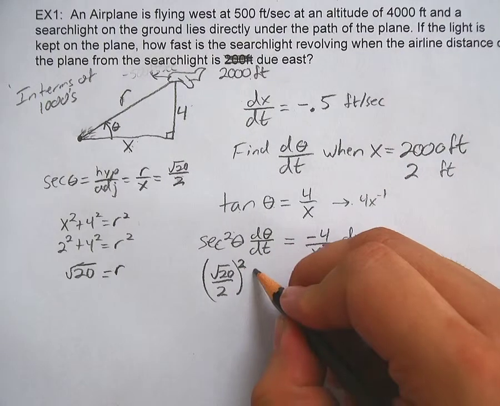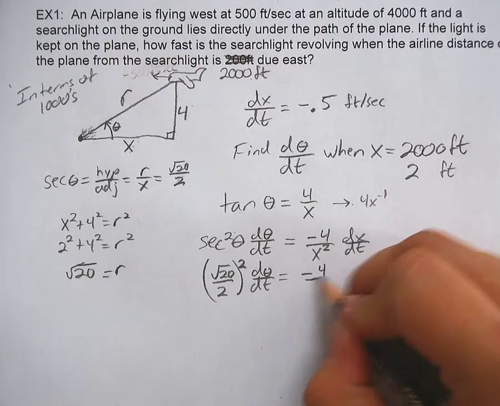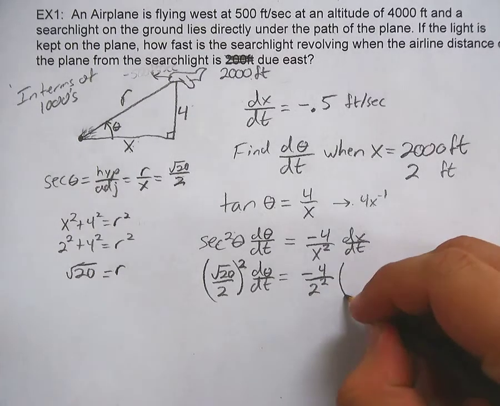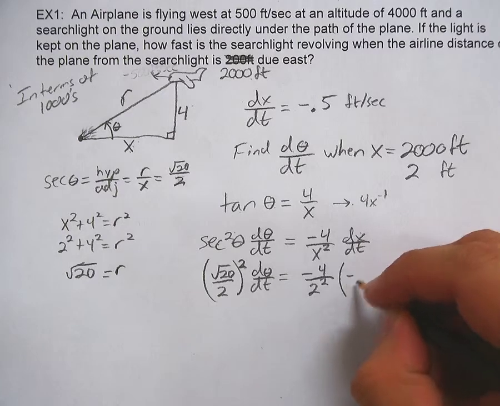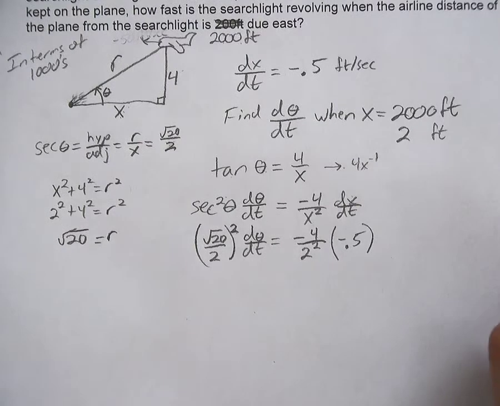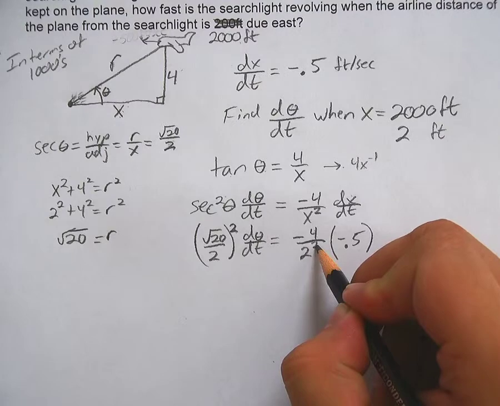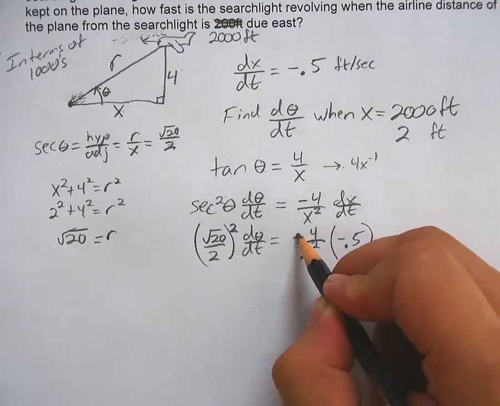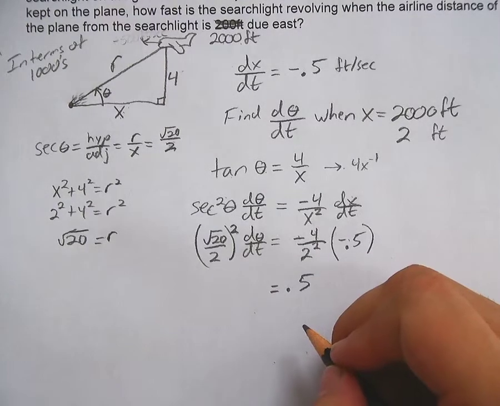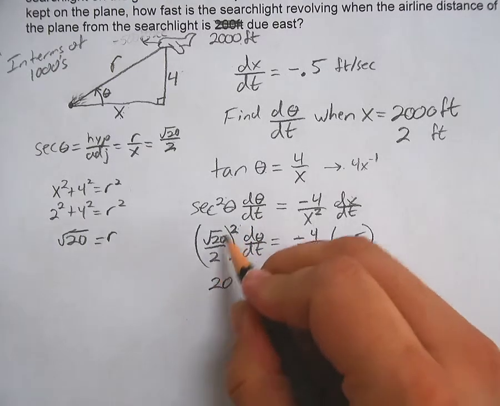D theta dt is what I'm solving for. Negative 4 over my value of 2 squared. Dx dt was negative 0.5. All right. Let's simplify this out here. Negative 4 over 4, well, that's 1. Negative 1 times negative 0.5 is just 0.5. Square root of 20 squared is 20 over 2 squared is 4.